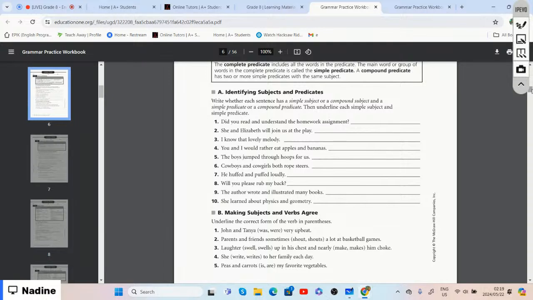So a simple predicate is the main word or group of words in the complete predicate, right? And the compound predicate has two or more specific predicates with the same subject. Then underline each simple subject and simple predicate.